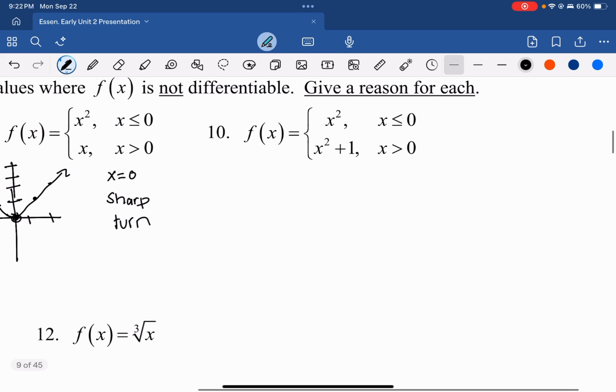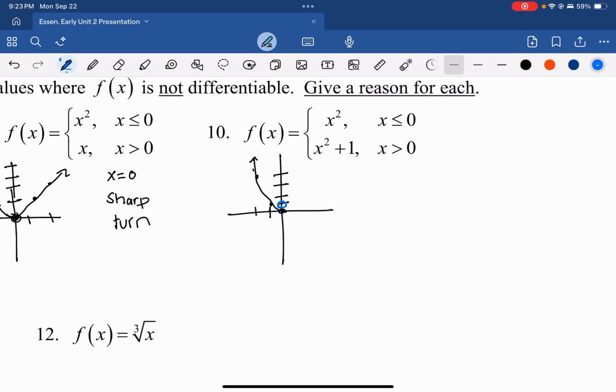Next, number 10, I've got f of x equals x squared when x is less than or equal to 0, and x squared plus 1 when x is greater than 0. I'm going to graph this one again. First, x squared when x is less than or equal to 0. Then I'll switch colors so we can see it better. For x squared plus 1 when x is greater than 0, when I plug in 0, 0 squared plus 1 is 1.